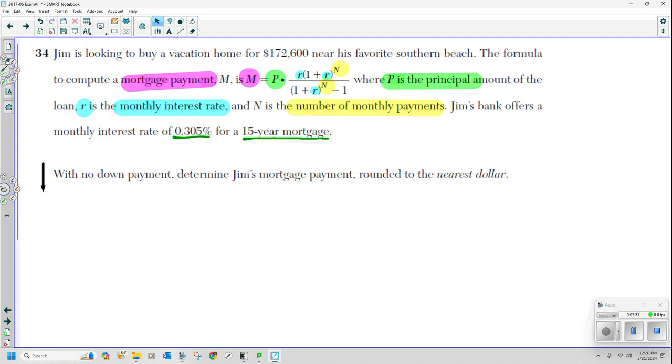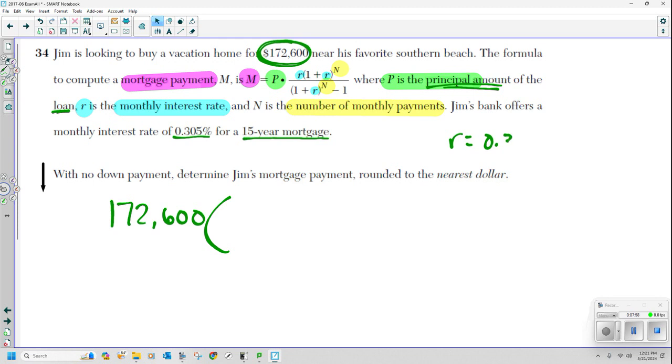If there is no down payment, that means he is borrowing this in full. He's not putting any money down to reduce this amount. That's going to be the principal amount of the loan, my P: 172,600 times my rate. My rate currently is 0.305%.